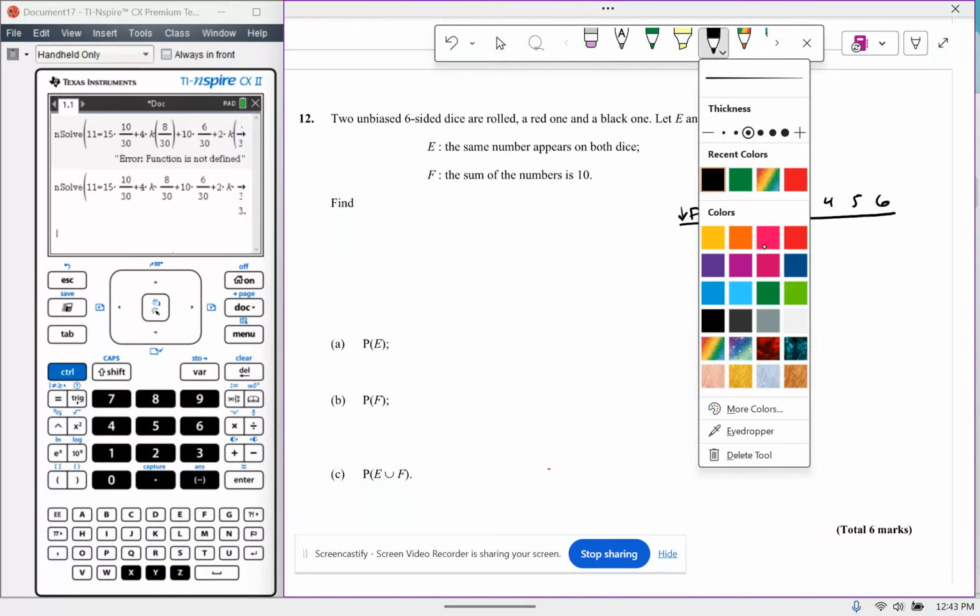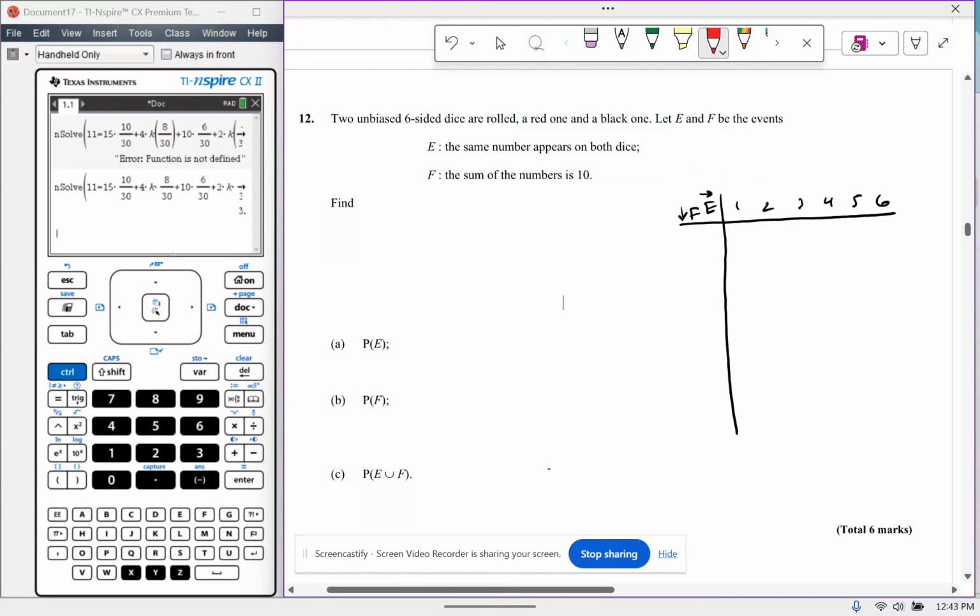Oh, there's a red one and a black one. Okay, so maybe if you have a red pen or something. And it looks like F and E are referring to events, not necessarily the names of the die. So maybe I would just put this here to kind of remind yourself that that's how you would illustrate the sample space for that to answer the questions.